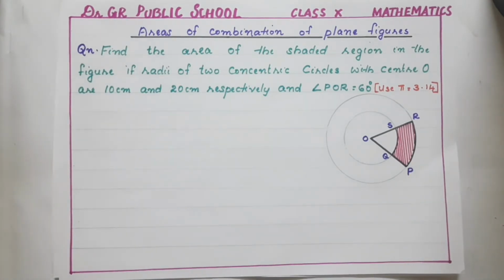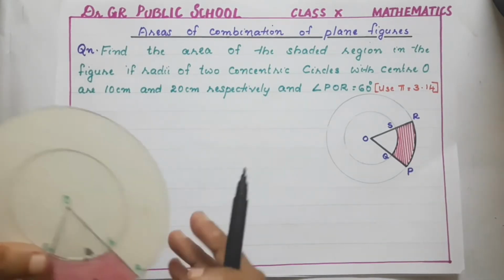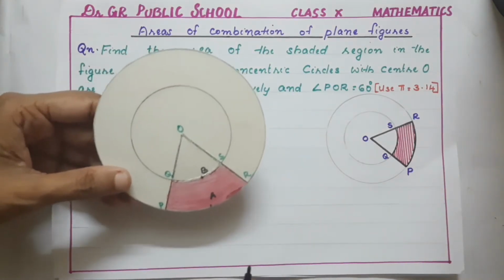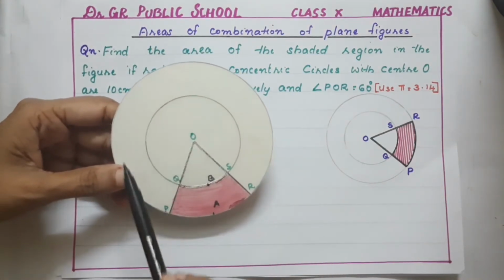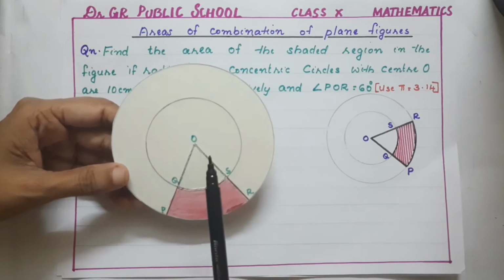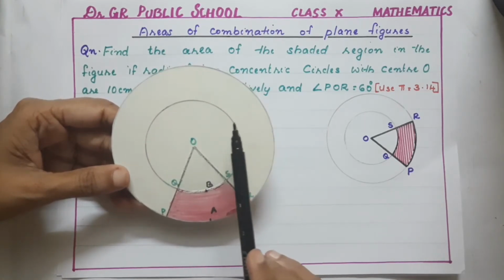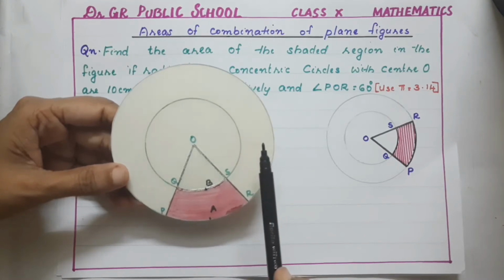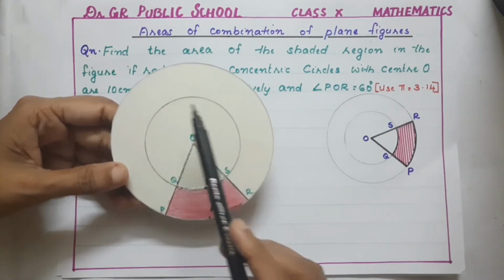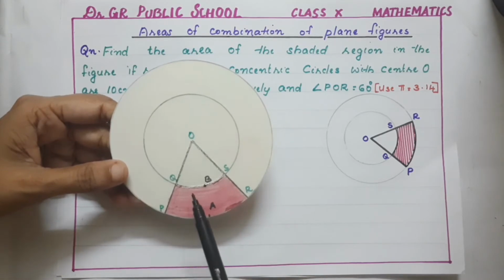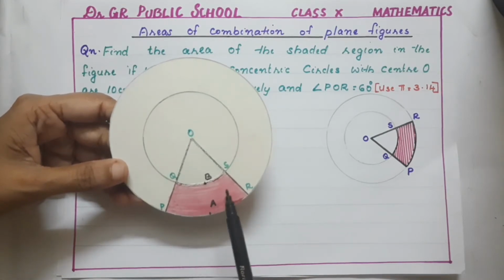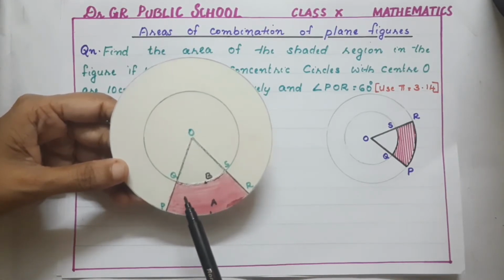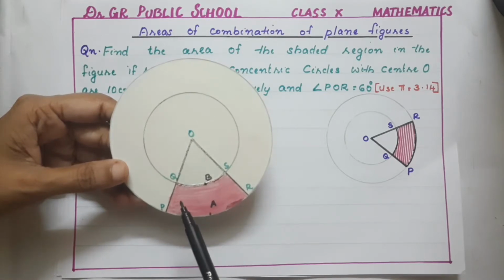See, children, here you can see the same figure. Two concentric circles. Concentric circles mean two circles with the same center and different radii. So two concentric circles are here, and this is the shaded region, and this shaded region is inside this sector.